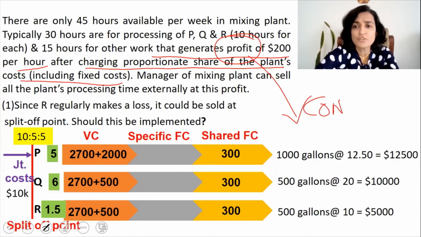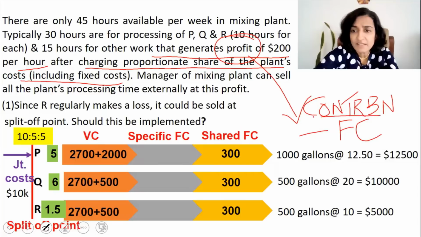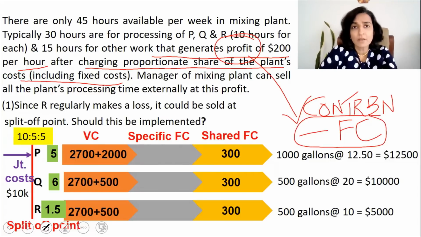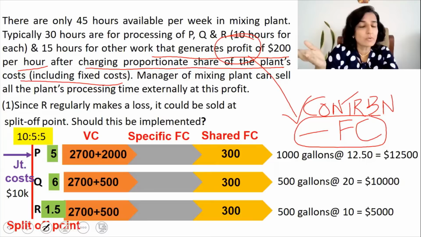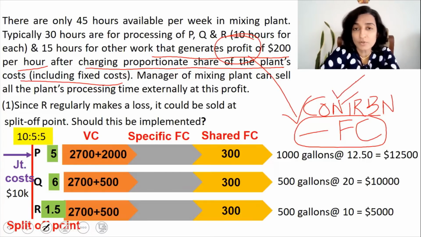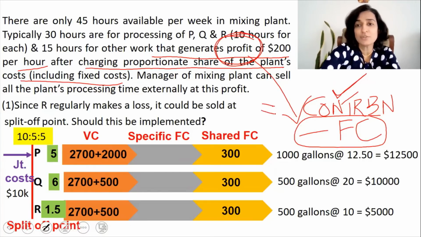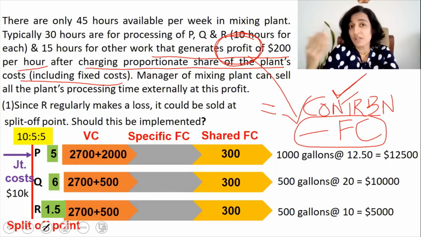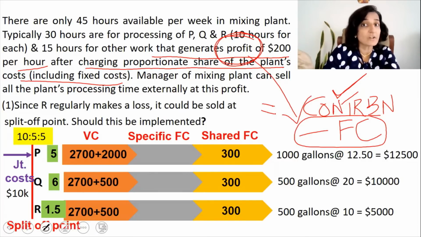Profit is contribution minus fixed cost, correct? In this profit, fixed cost is not relevant because fixed cost will remain fixed, whatever decision we do. So we never take fixed cost for any kind of decision making under relevant costing. So we have to take only the contribution. If profit is equal to contribution minus fixed cost, then what is contribution? It is profit plus fixed cost, right?